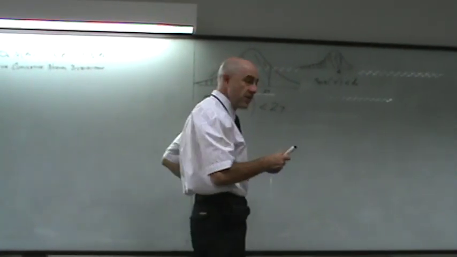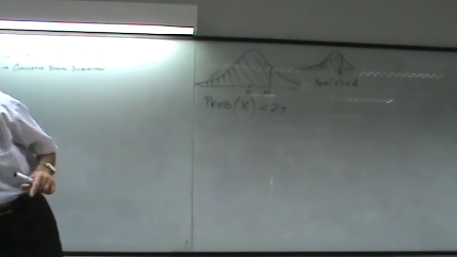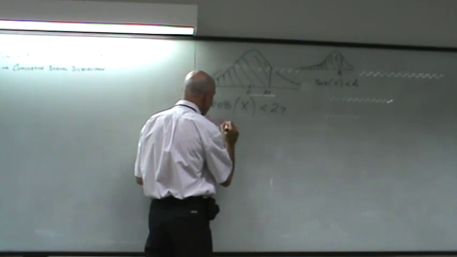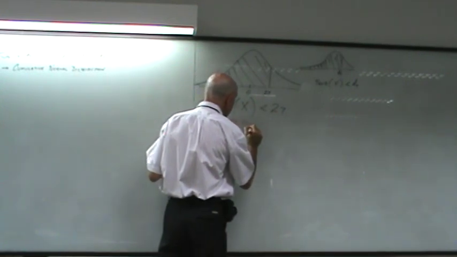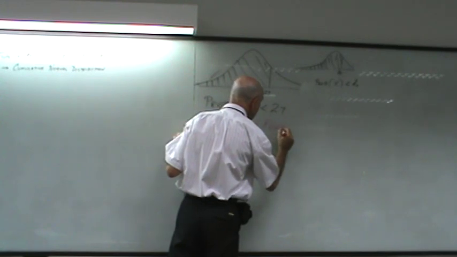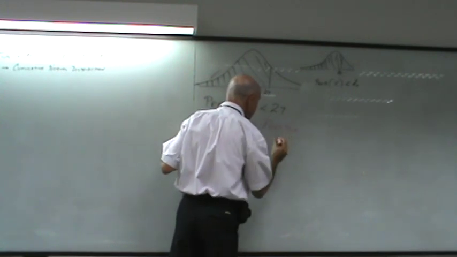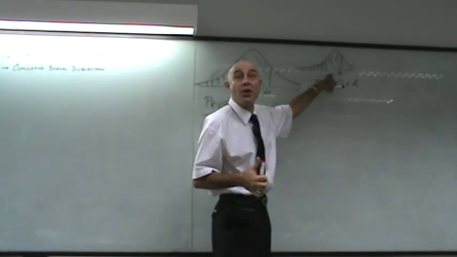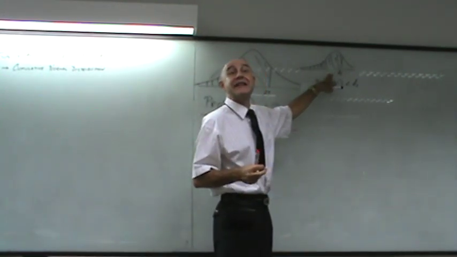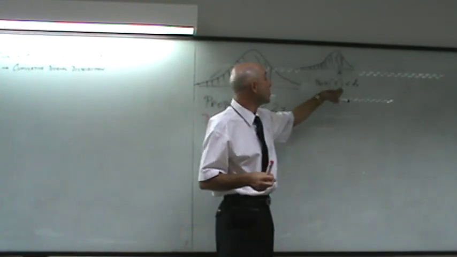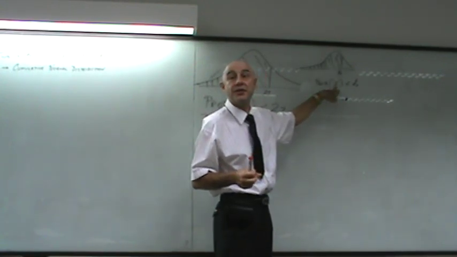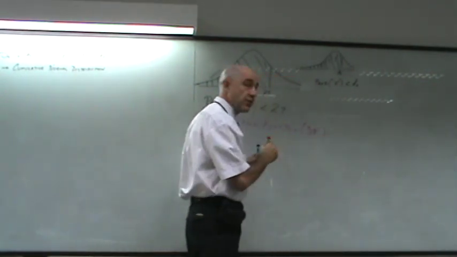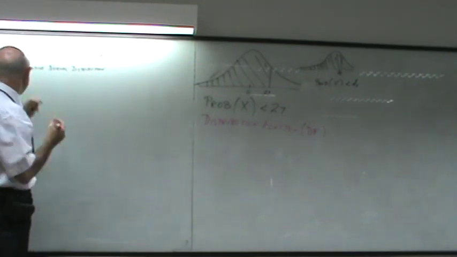In every elementary course, you call this the distribution function. The distribution function tells you the probability that the variable will be lower than a certain cutoff point.